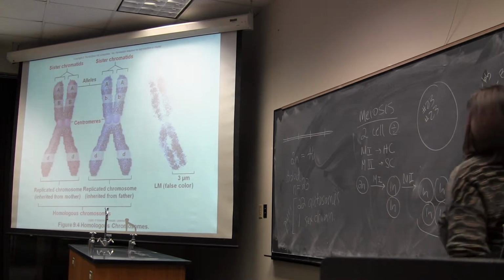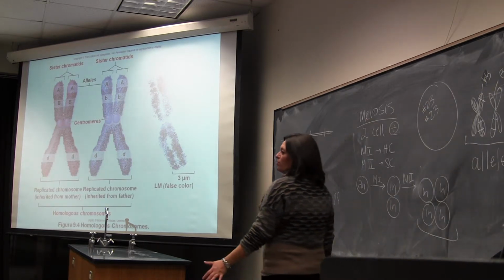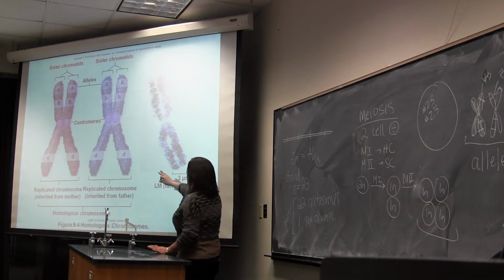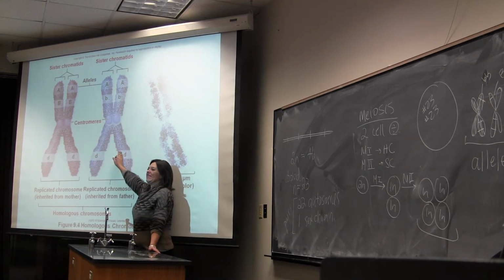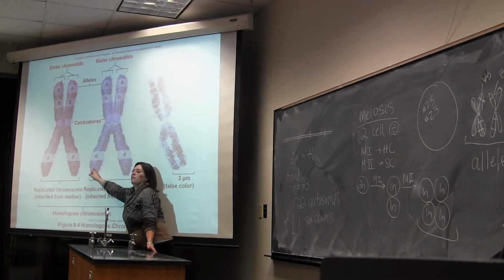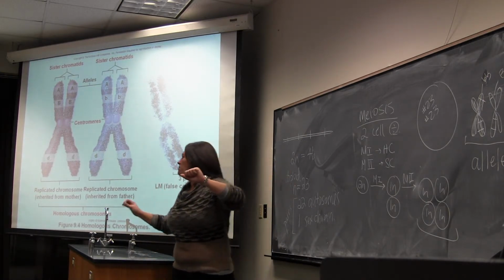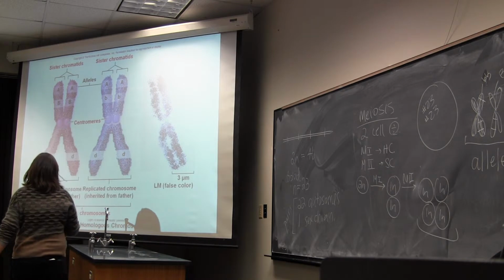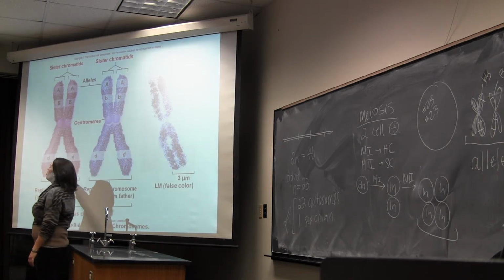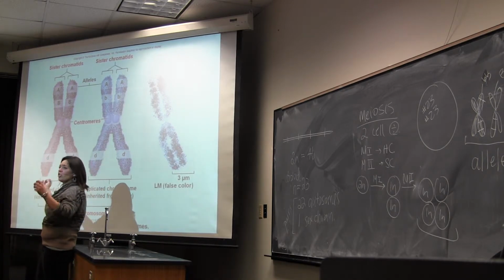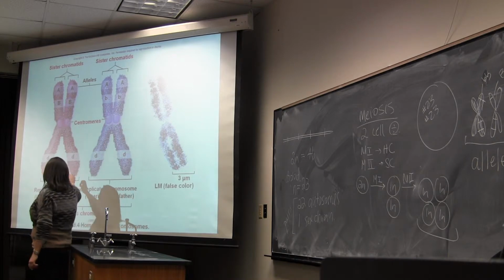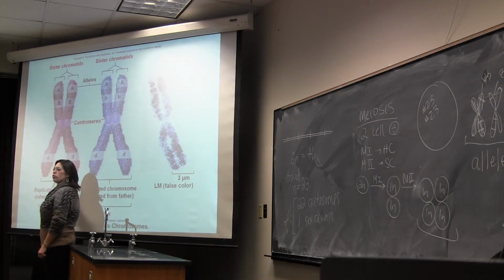Okay, so we've already talked about sister chromatids, right? Sister chromatids are genetic copies of one another. So this is the exact same copy as this. Now homologous chromosomes are going to be the same chromosome. Say chromosome 1 from mom and chromosome 1 from dad, those are going to be a pair. And this one is going to have its own sister chromatids too.